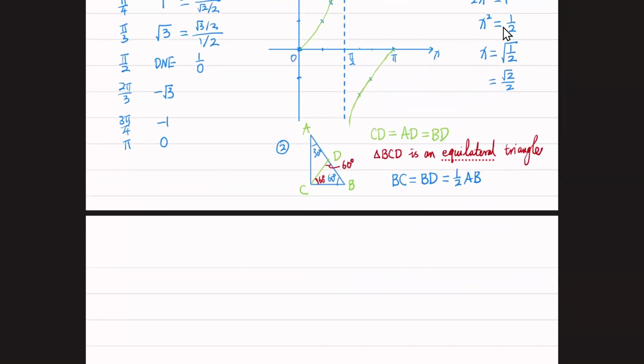From there, let's see what is cosine 60. George, cosine 60 would be, cosine of this angle. Which side over which side? It would be AB over AC.